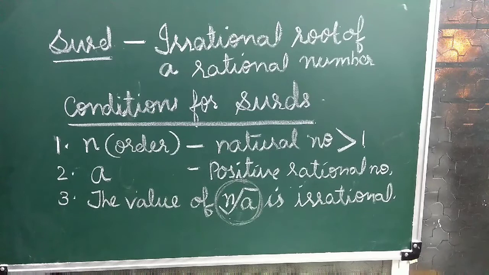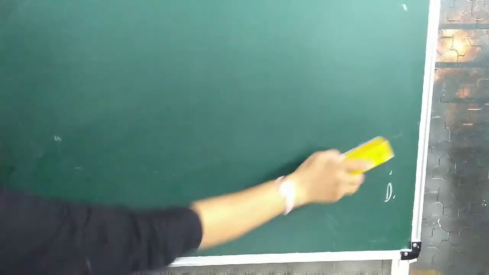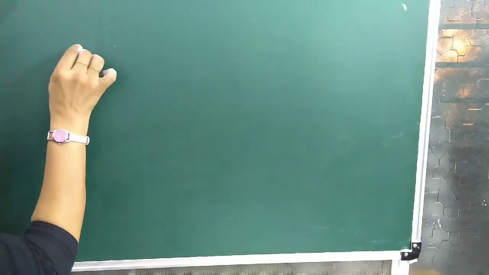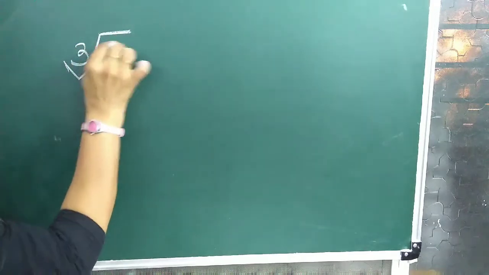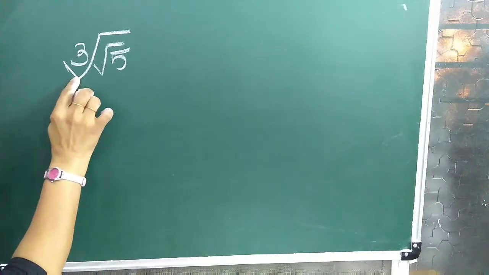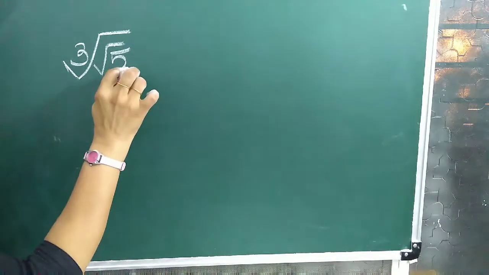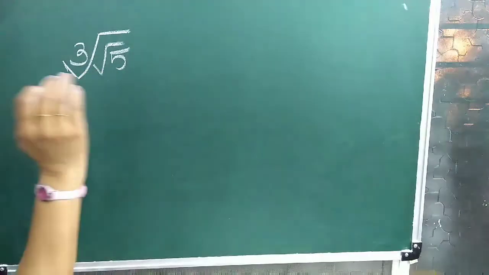Now let us consider an example: third root of root 5. First we find whether this number is a surd.